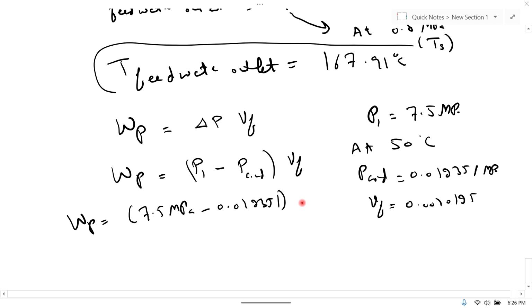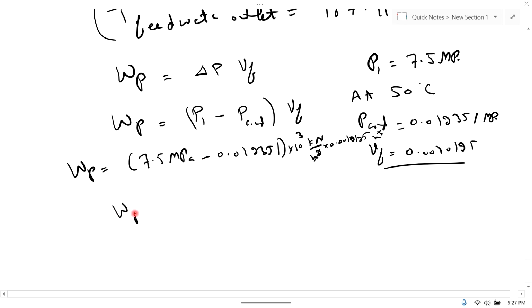I can write mega as 10 power 3 kilopascal, and kilopascal is kilo Newton per square meter, and Vf is in cubic meter per kg. So the square meter will cancel with the cubic meter, leaving kilo Newton meter, and kilo Newton meter is equal to kilojoule.